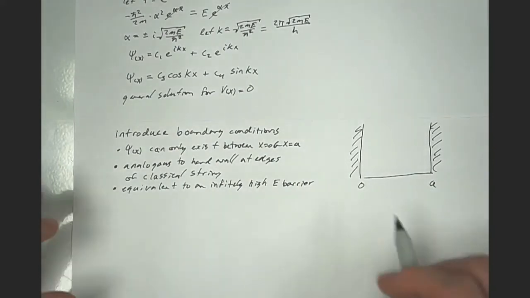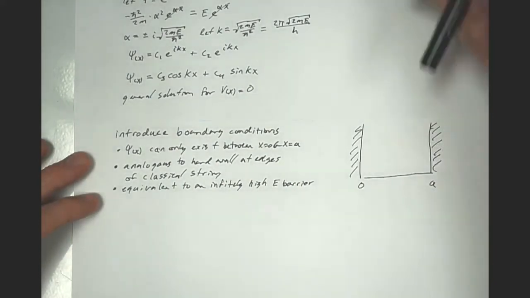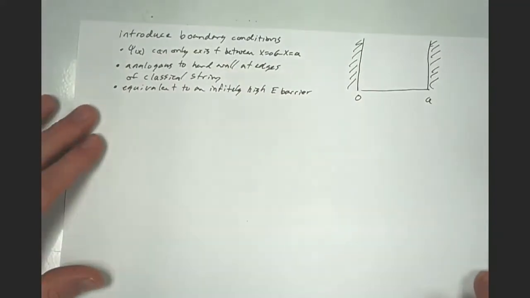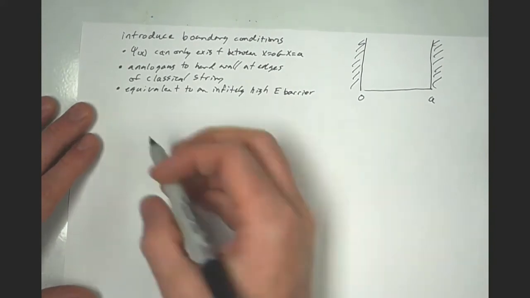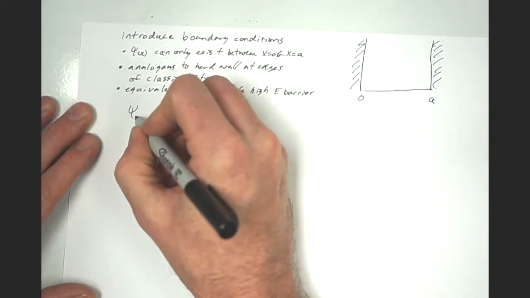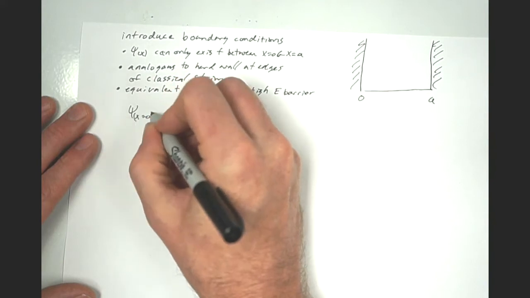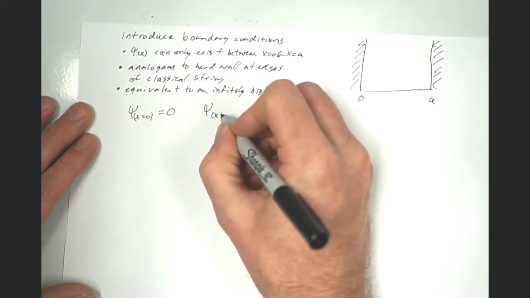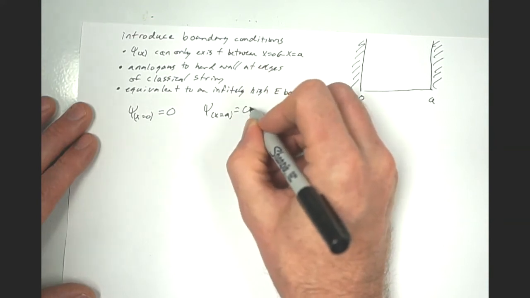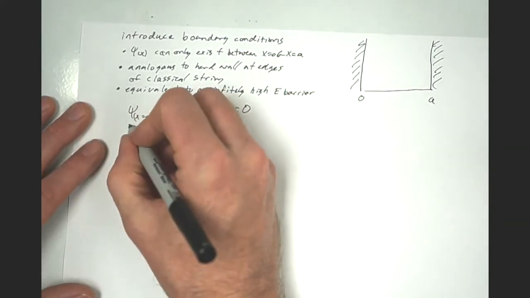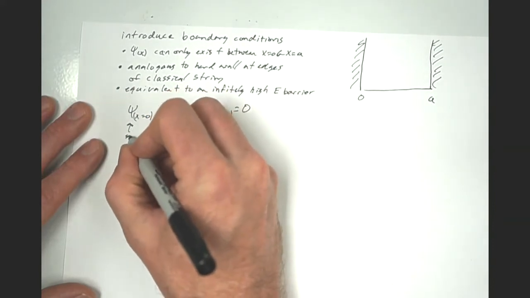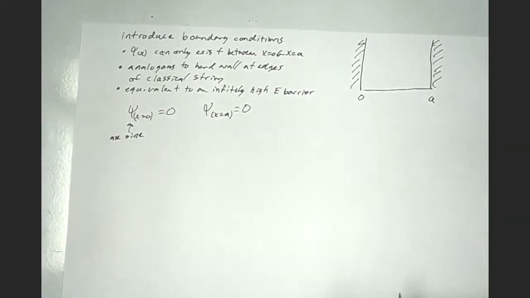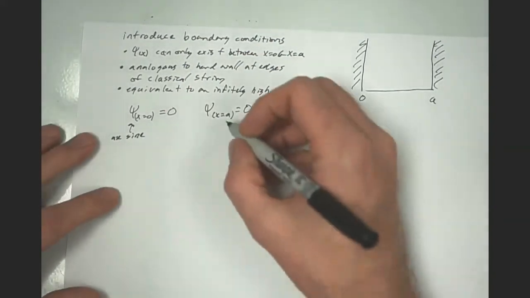Now, if that's the case, this imposes the mathematical boundary conditions that the wave function has to go to 0 at the edge. So we have psi of x equals 0 is 0, and psi of x equals a is also 0. Well, this first boundary condition we can satisfy by using our sine terms from the wave function we solved for before.